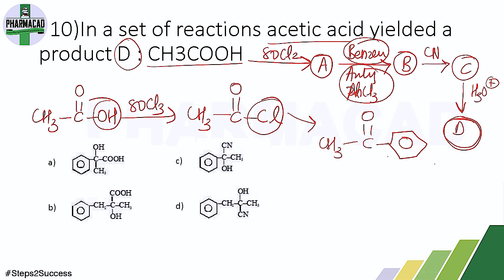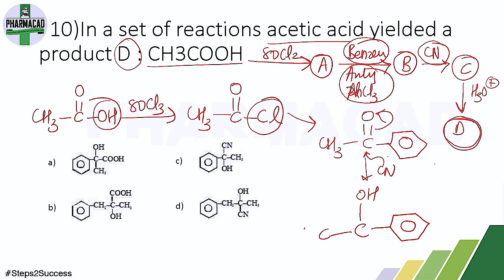Okay, when we add cyanide to it, simply what will happen? It will attack on this carbon and we will get carbon with phenyl ring, here is CH3 and here is CN.